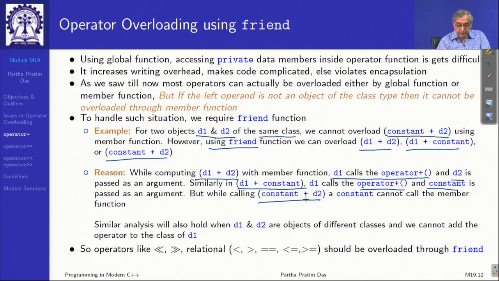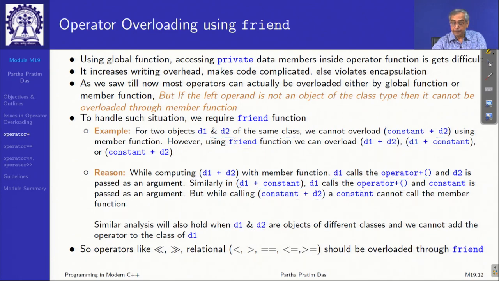A similar analysis holds not only when the other mixed parameter is a constant, but also when it is an object of a different class, which is what happens in the case of the IO stream also; we will come to that. So, operators like streaming and relational should be overloaded using the friend function.